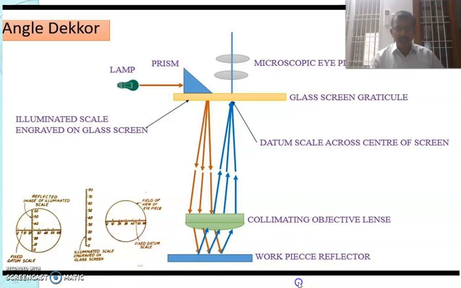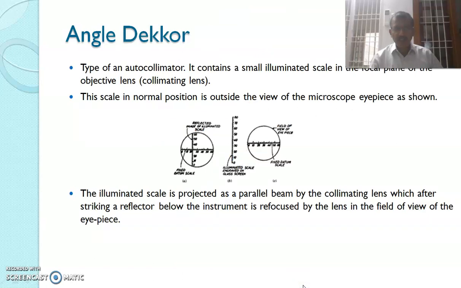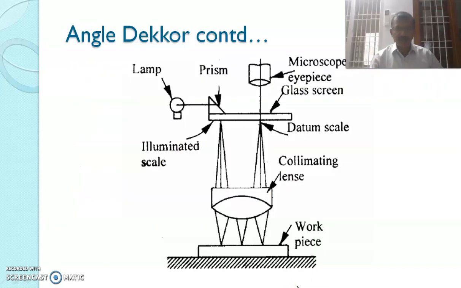This is the working principle of the autocollimator. The intersection of the two scales gives the reading of the angular displacement. It is also shown in the slide. This is the working principle of the angle dekkor.